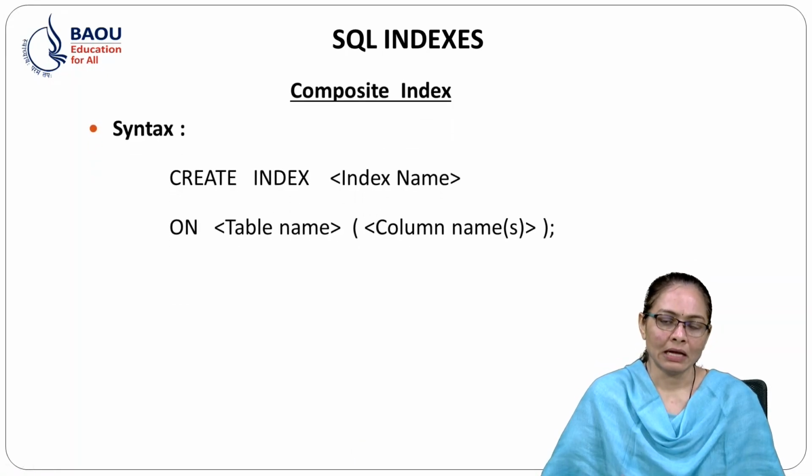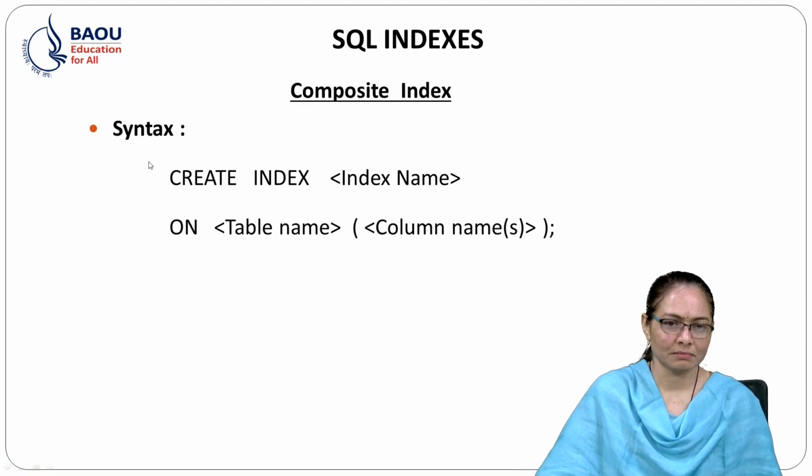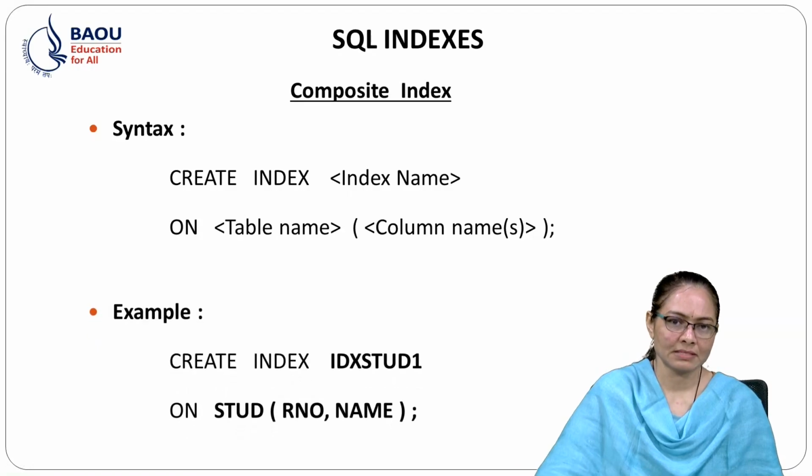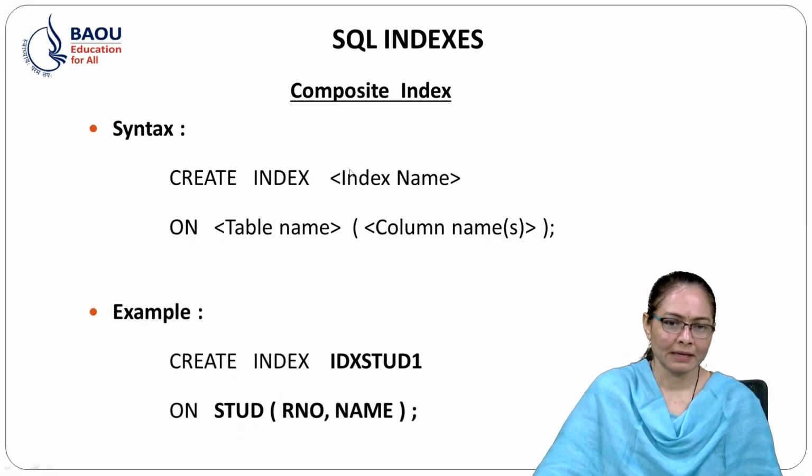Now, how to create a composite index? An index created on more than one column is called a composite index. See the syntax, with a minor change: here there is more than one column. See the example: CREATE INDEX idx_stud1 ON stud (roll_number, name).